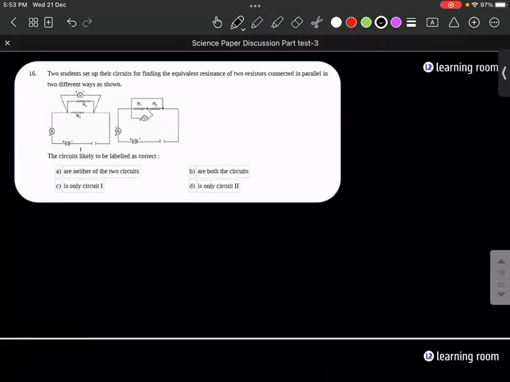16th one: two students set up their circuits for finding the equivalent resistance of two resistors which are connected in parallel. Which circuit is likely to be labeled as correct?